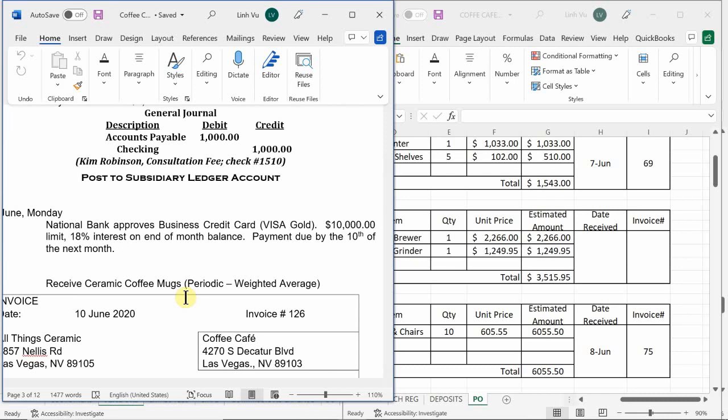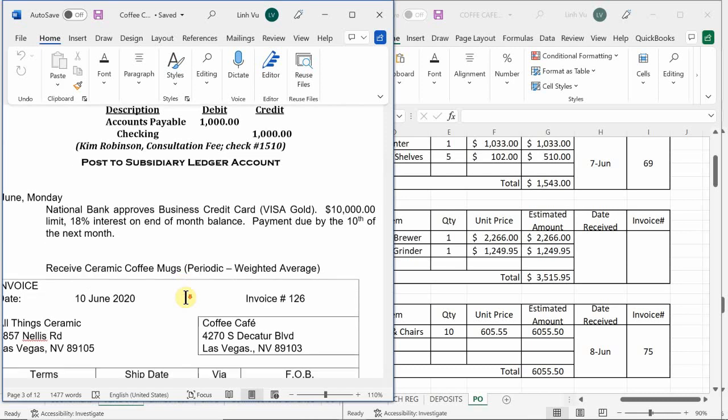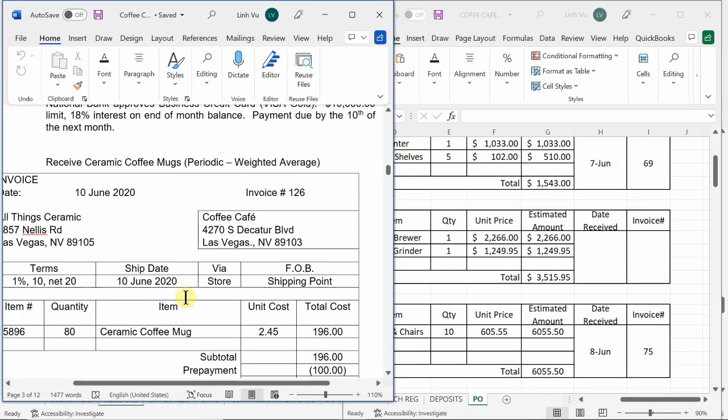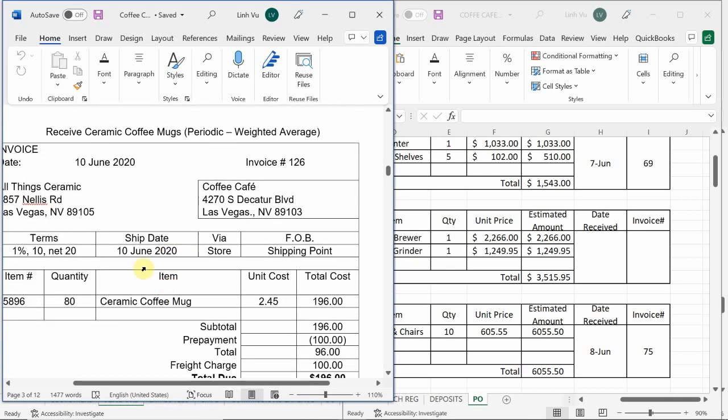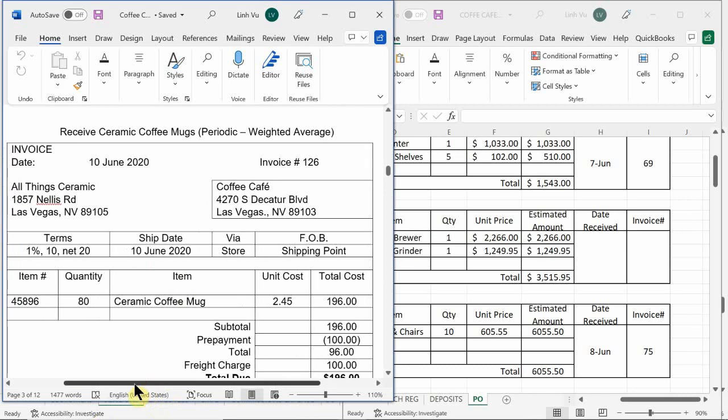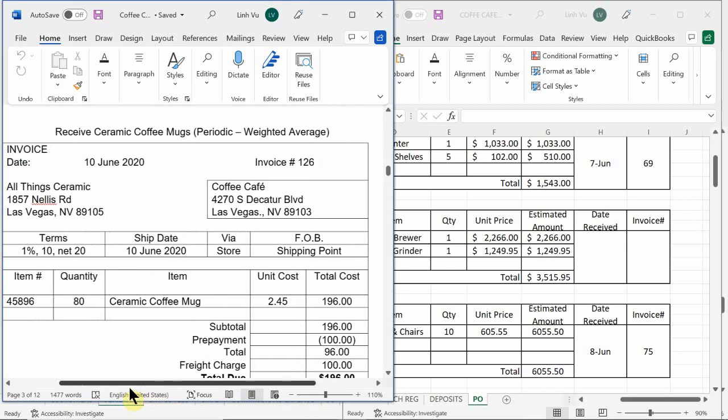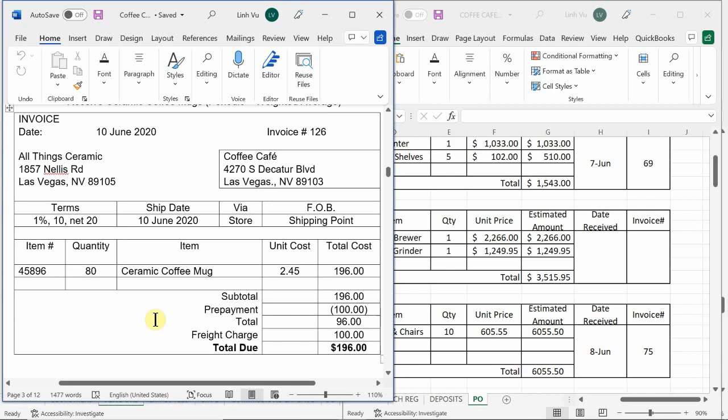So here I received a bill letting me know that I have 80 ceramic coffee mugs at $2.45 each, which gave me a total of $196. I had a prepayment, which reduced it by $100, but I had a freight charge that increased it by $100. So now I owe $196.